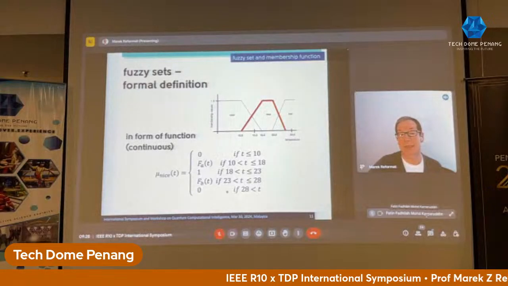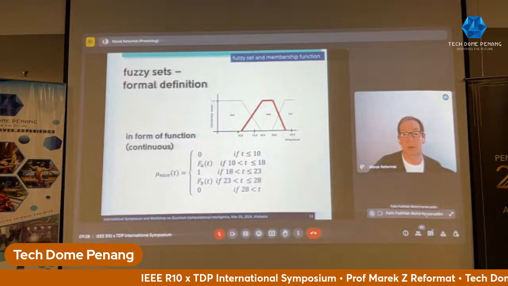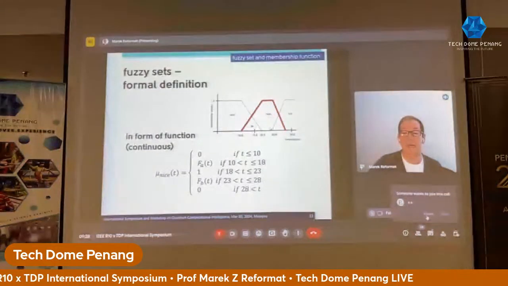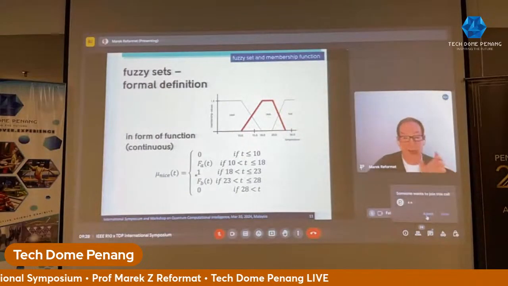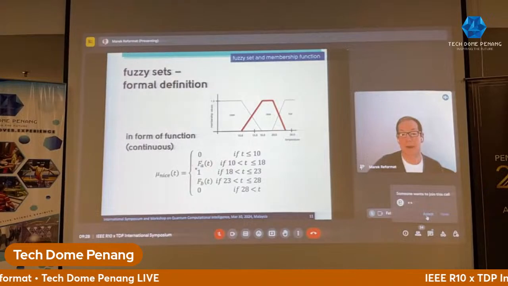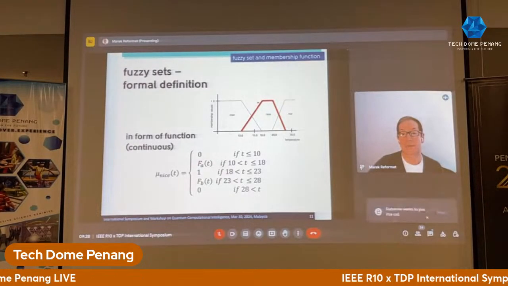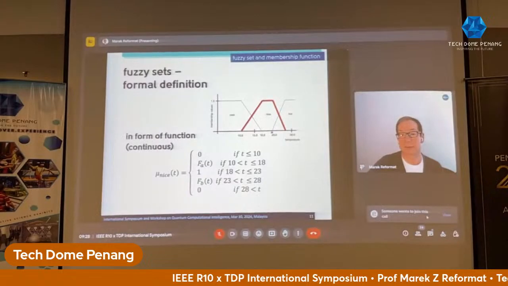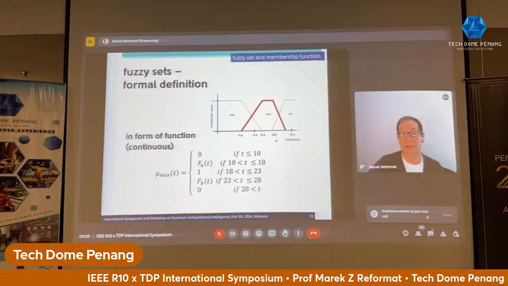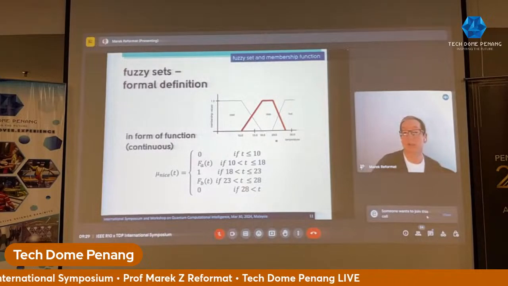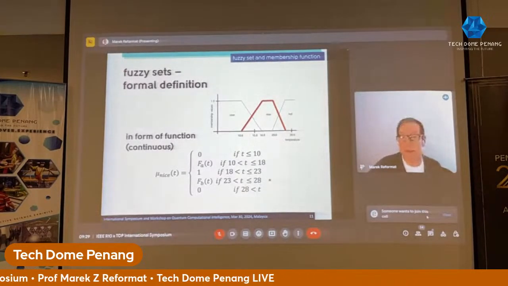In this case, we have a formula indicating that the values belong to 0 outside the range, then we have a flat value of 1, and then some kind of function which is 0, and between 10 and 18 it rises. So that is another way to represent the function, and quite often we use that when we build these systems.